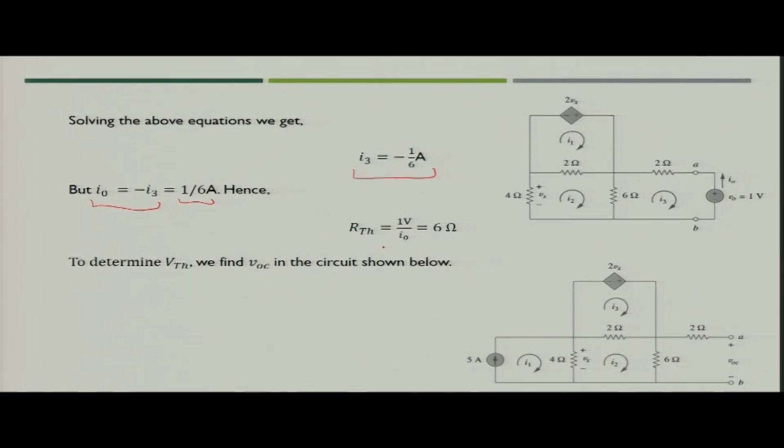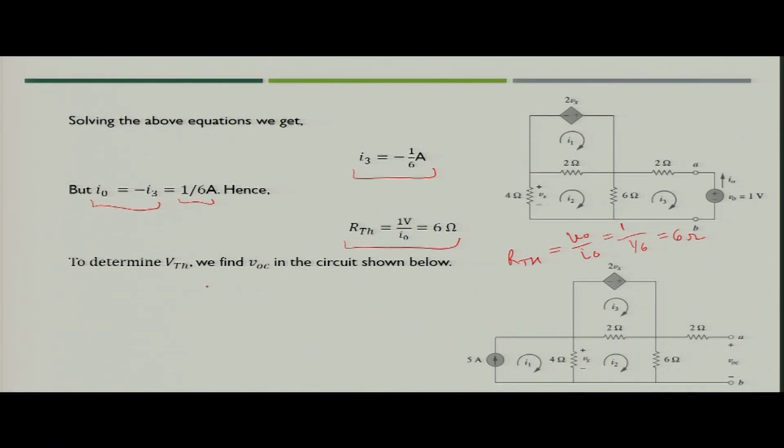Since RTH is V0 upon I0, and V0 is the 1 volt we applied, and I0 is 1 by 6 ampere, finally you will get the value of RTH as 6 ohm.